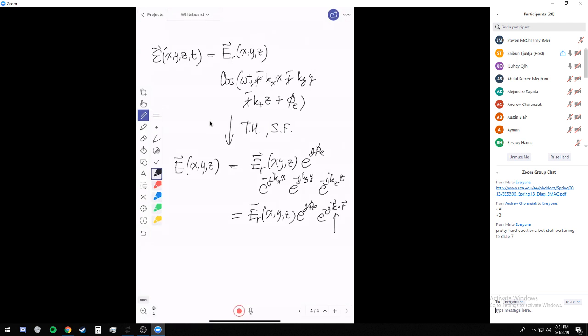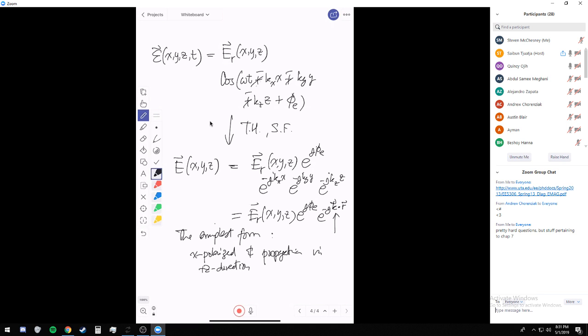Now, of course, the simplest form, which we discussed in class, the plane wave, is, let's say, x polarized and propagating in z direction, positive z direction, right?